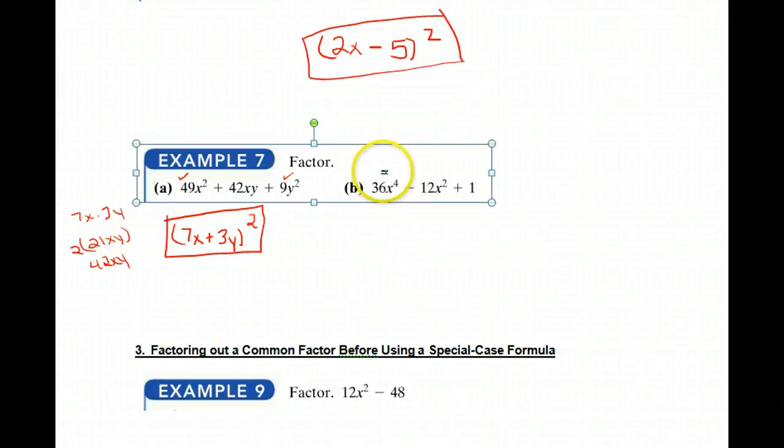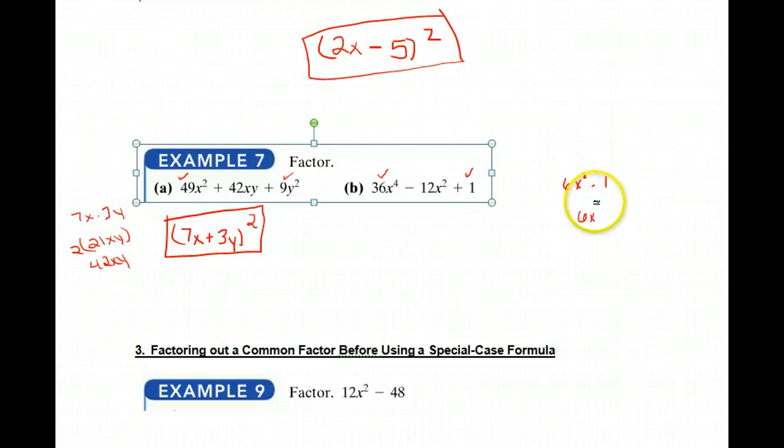36x to the fourth. Is that a perfect square? Sure is. Positive 1. Is that a perfect square? Sure is. If we take the square root of 36x to the fourth, we get 6x squared, times the square root of 1, which is 1.